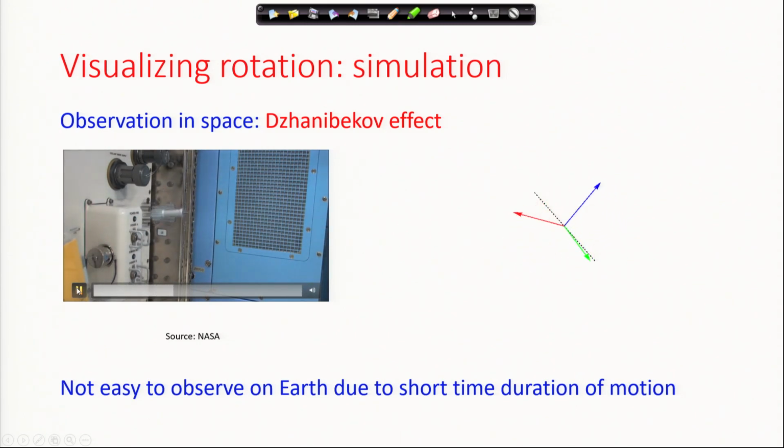Of course, the animation is running slowly, not in real time. This is known as the Dzhanibekov effect, observed by Vladimir Dzhanibekov in space, but this observation is a little difficult to repeat on earth. You can do it by high speed photography, but otherwise continuous motion as is possible in space is not possible on the earth.